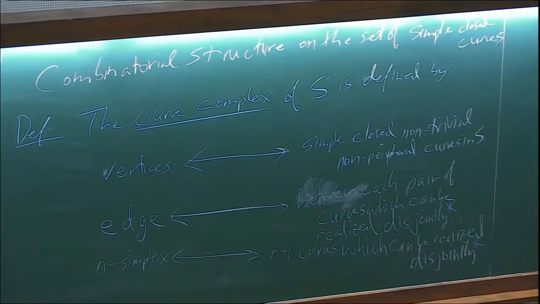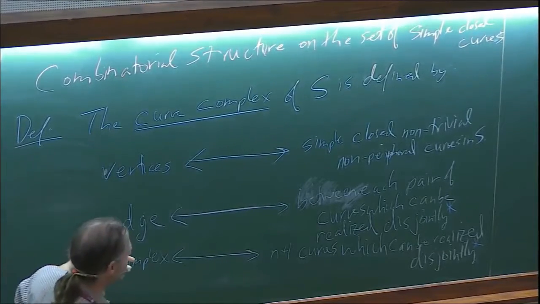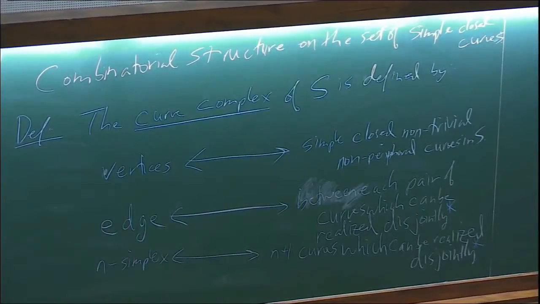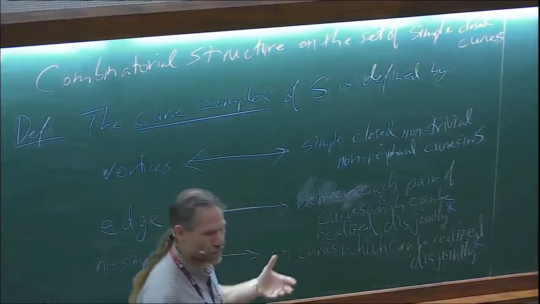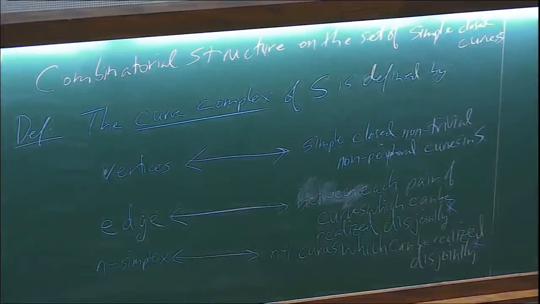Pairwise disjoint, well, it turns out it's the same whether they're pairwise disjoint or setwise disjoint. It's a nice lemma in the geometry of surfaces that two curves can be realized disjointly if and only if there are geodesic representatives which can be realized disjointly in some hyperbolic metric, and you can then use that to prove the statement I just said. So you're right, it was ambiguous the way I wrote it. You could think of this as pairwise disjointly or setwise disjointly, and they're equivalent.